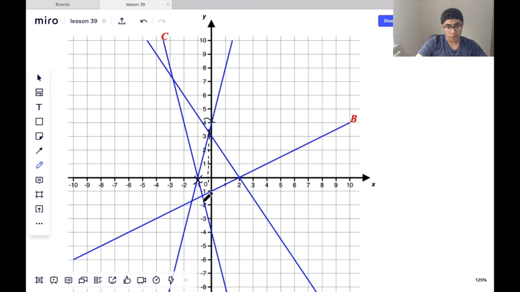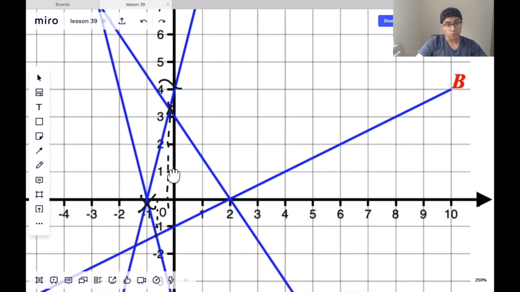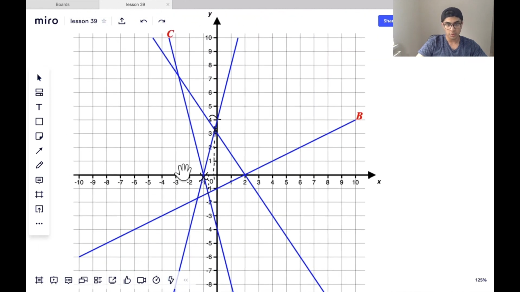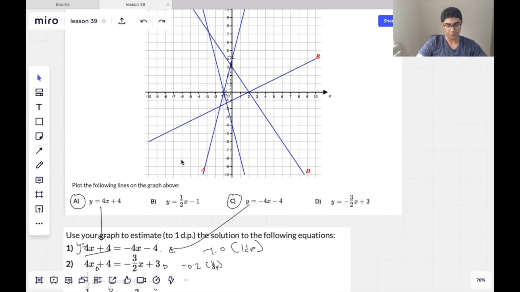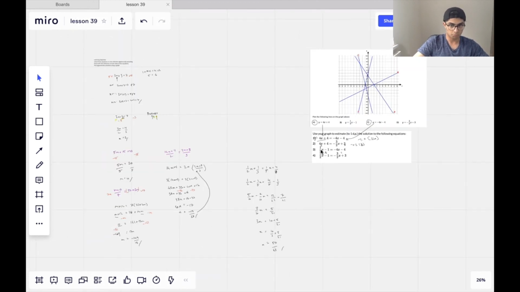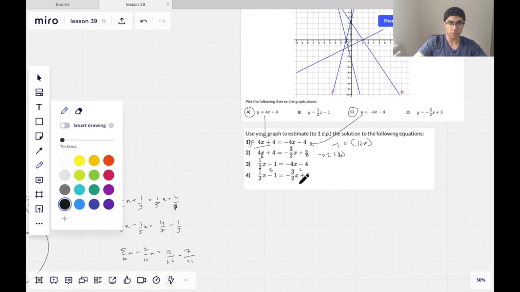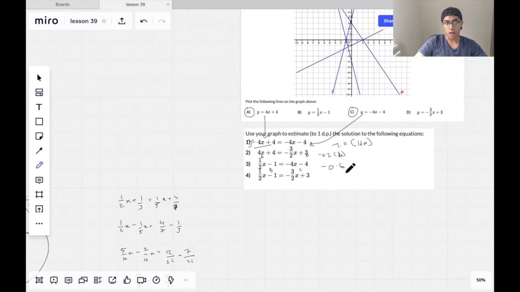So this is the intersection, which looks like, I don't know, -0.6 maybe? It'd be a bit clearer on paper than on this laptop screen, so -0.6. I'm not going to bother doing 4 because it's literally the same principle.